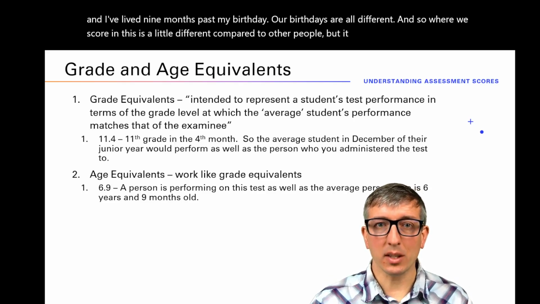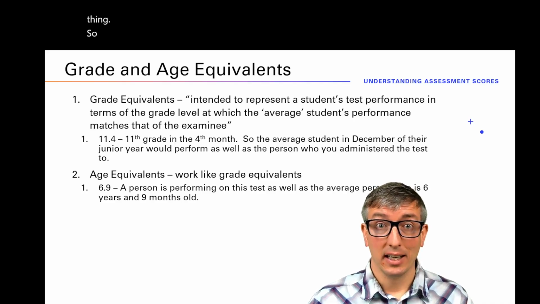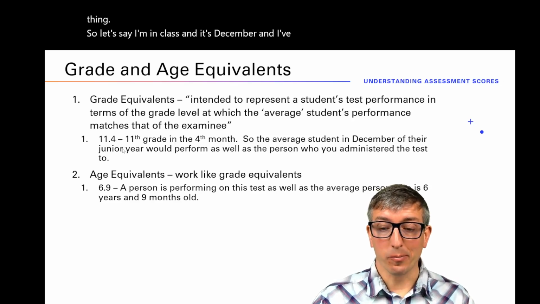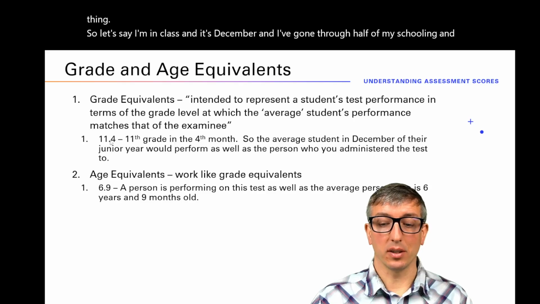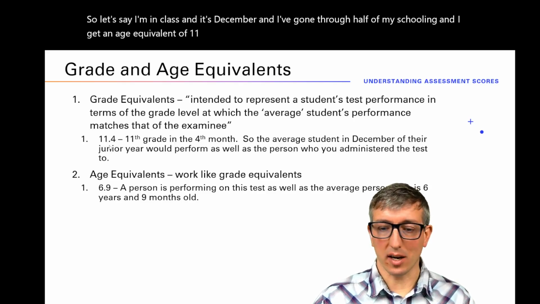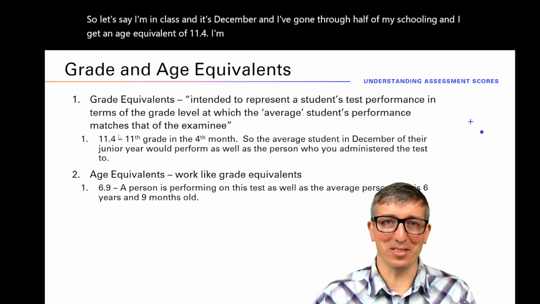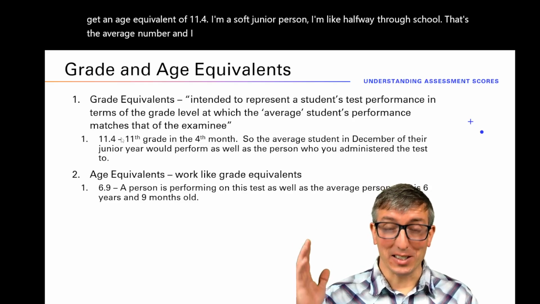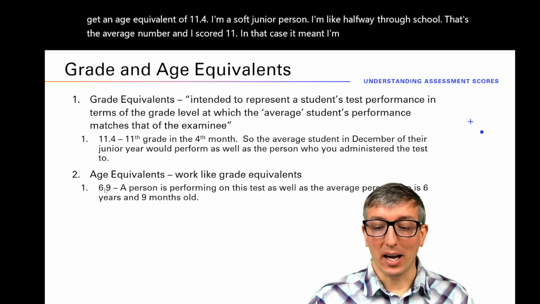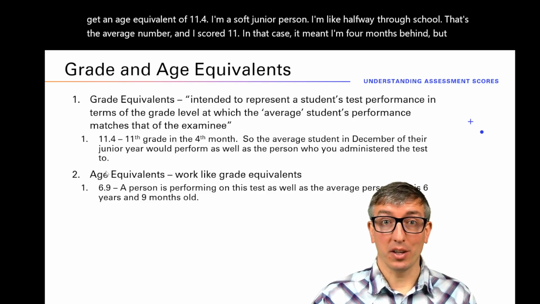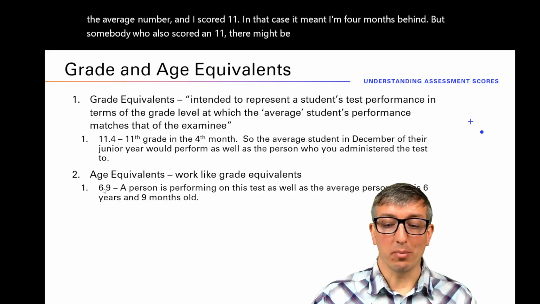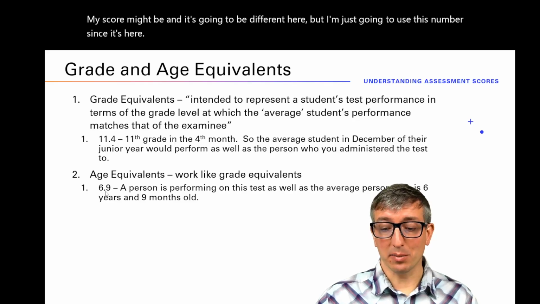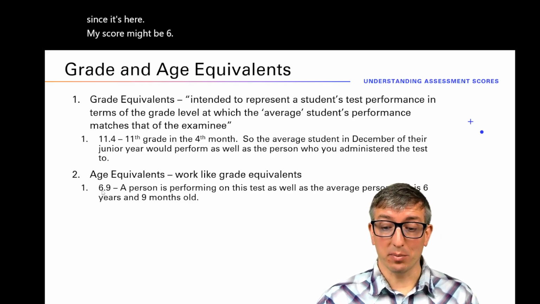So let's say I'm in class and it's December and I've gone through half of my schooling and I get an age equivalent of 11.4. I'm a junior person. I'm like halfway through school. That's the average number and I scored an 11. In that case, it meant I'm 4 months behind. But somebody who also scored an 11, there might be 2 people. My score might be, and it's going to be different here, but I'm just going to use this number since it's here, my score might be 6.9, but their score might be 6.1.